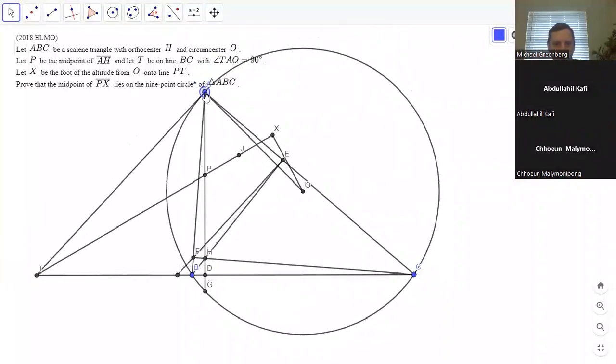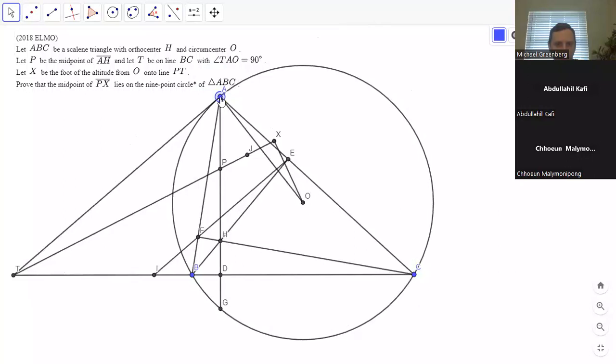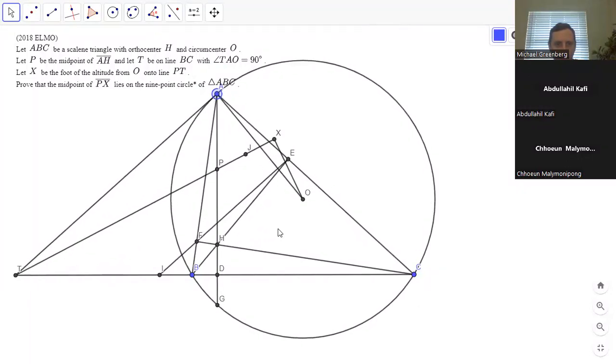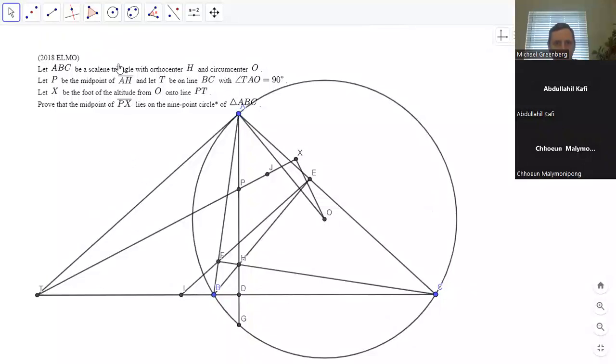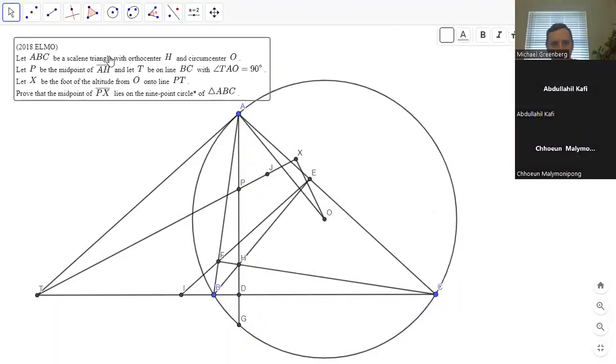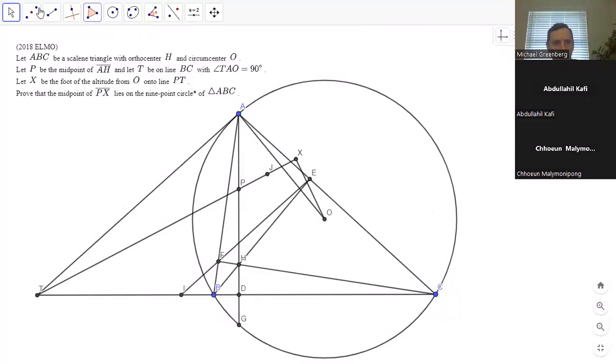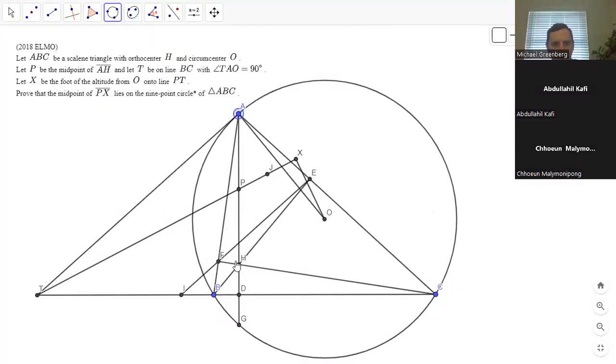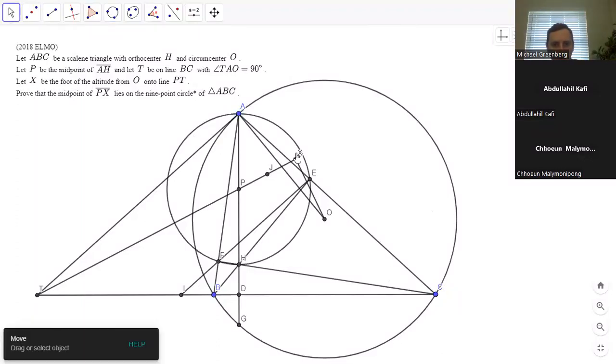Let's see the best way to draw this. Okay. So this is cyclic. P is the center of that.